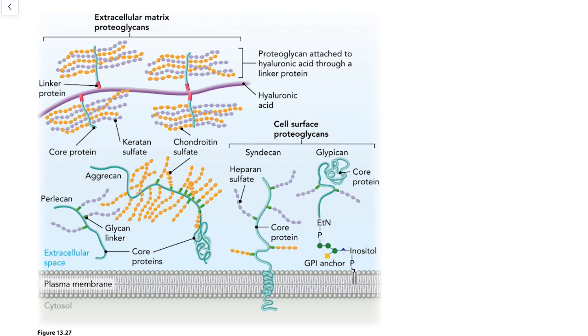So this is going to be one of our glycolipids as an example that's anchored into the membrane by linking directly to the lipid, whereas the heparan sulfate for the other ones has our core protein, and that protein is going to be found at that transmembrane domain and be anchored into the membrane by those domains.